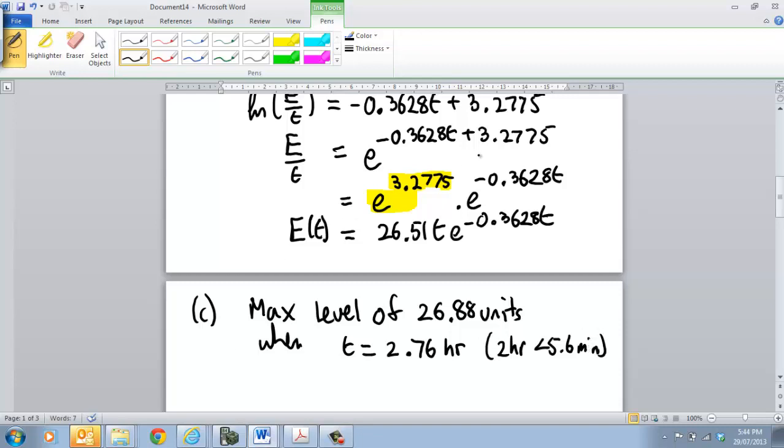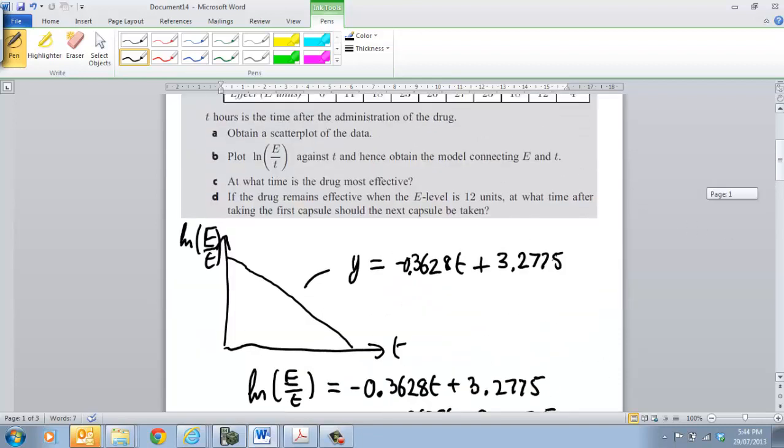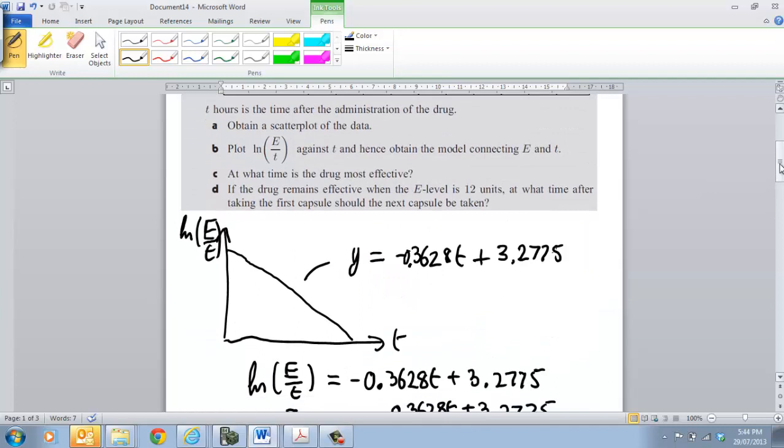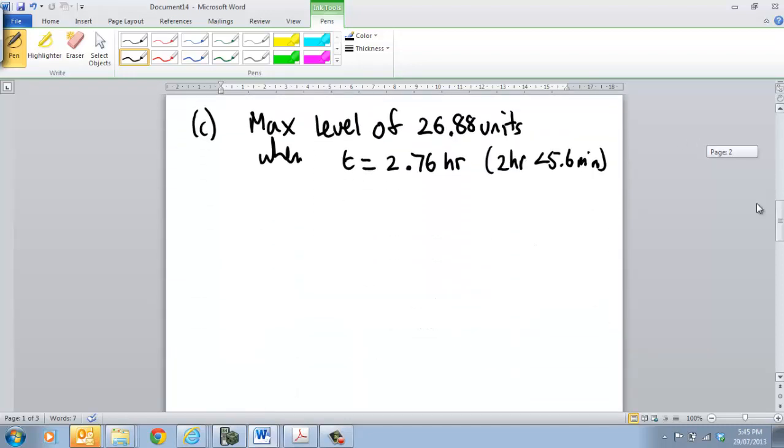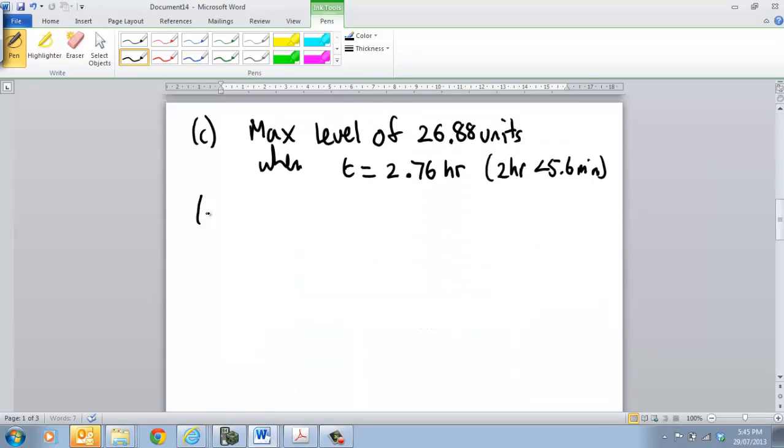Alright, so the last part of this question asks us to work out when the units are in fact over 12. So at what time after taking the first capsule should the next capsule be taken? Alright, so what we need to do here is find those times on our graph where our drug is in fact over 12.